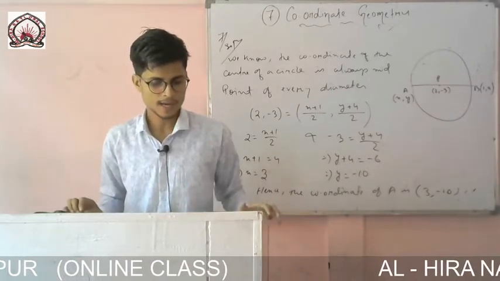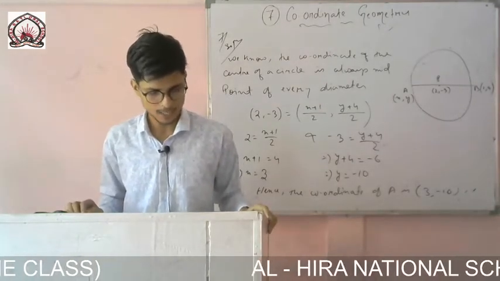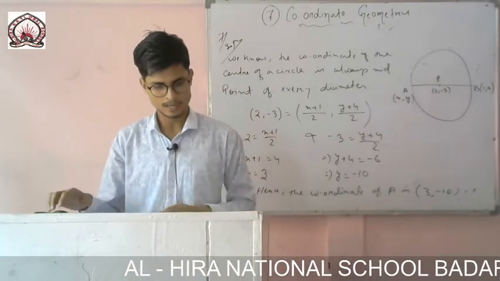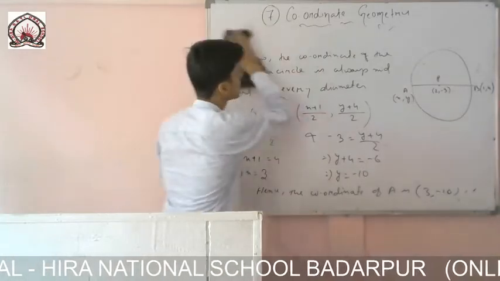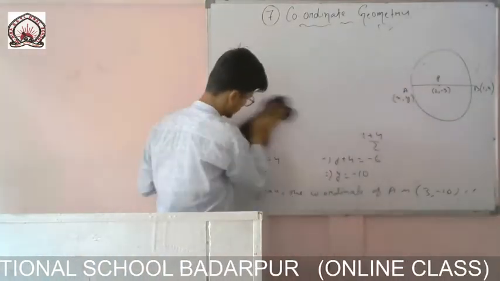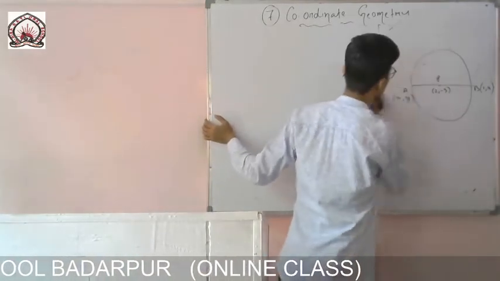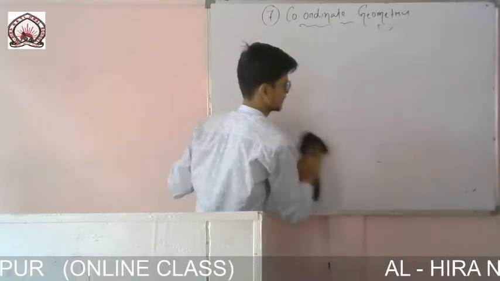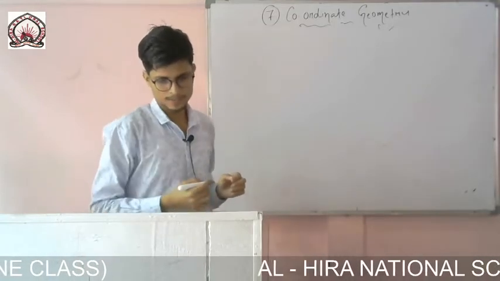So if A and B are given respectively, find the coordinate of P such that AP equals 3 by 7 AB and P lies on the line segment AB. This question is a little different from the others. If you just give concentration, then you can easily understand it.